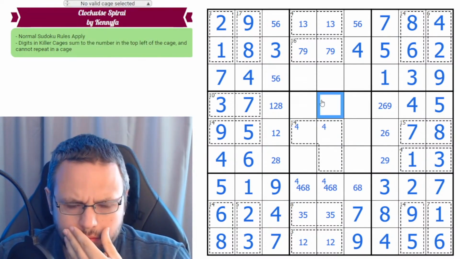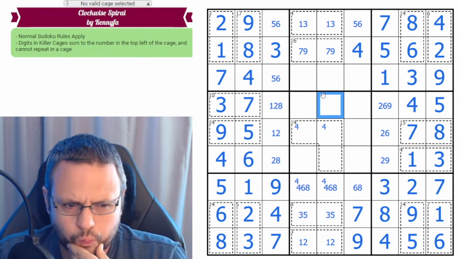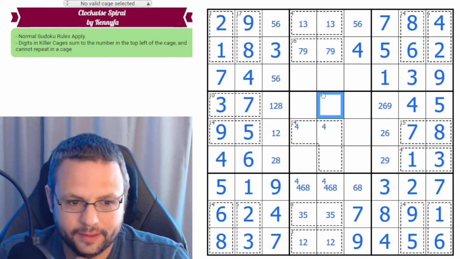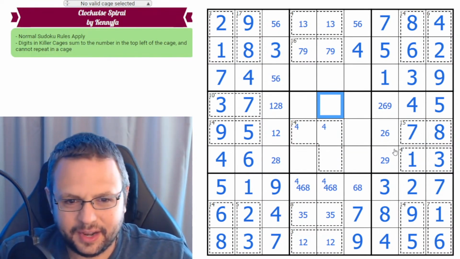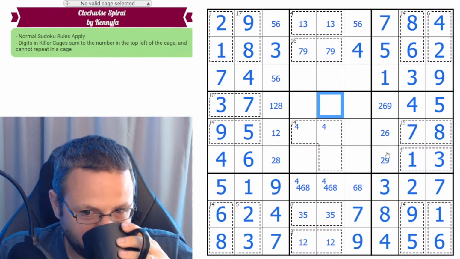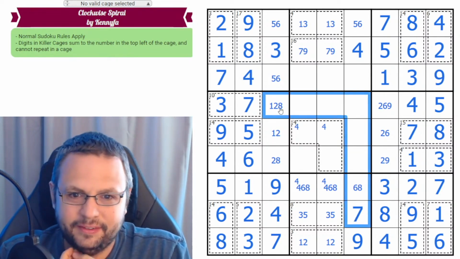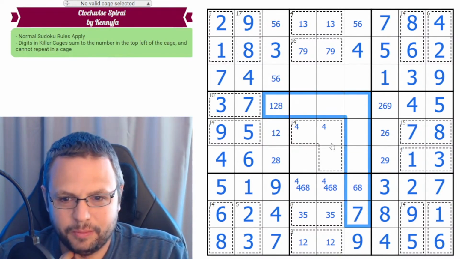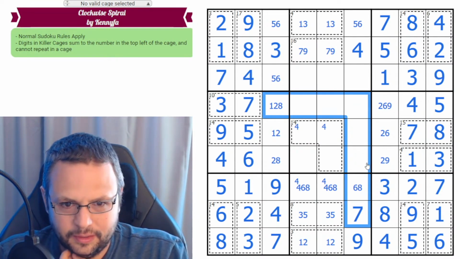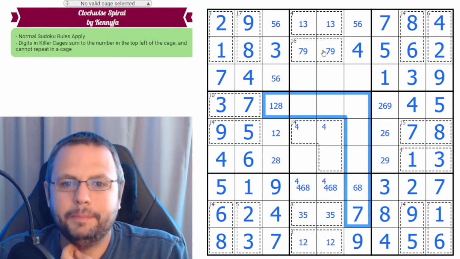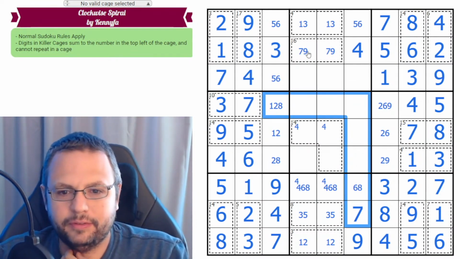Let's see. 7 is over here somewhere. But 3 is ruled out because of the Jovi wing. Got it.